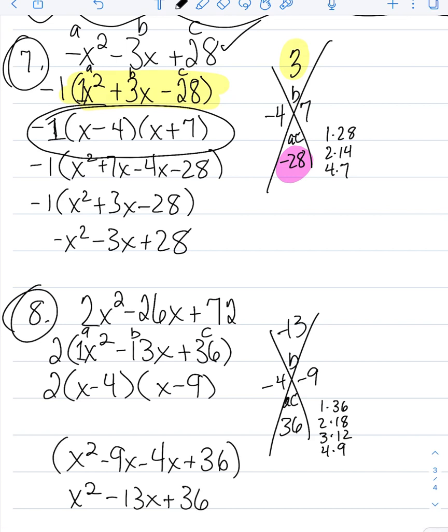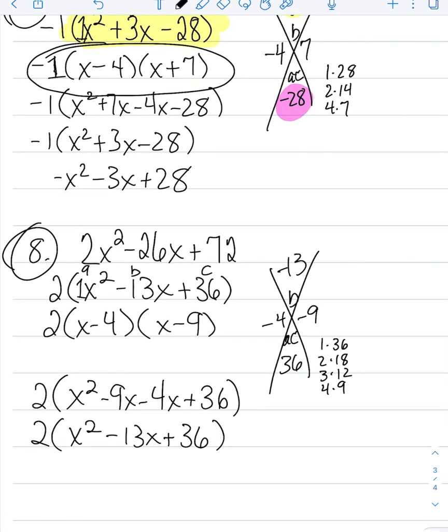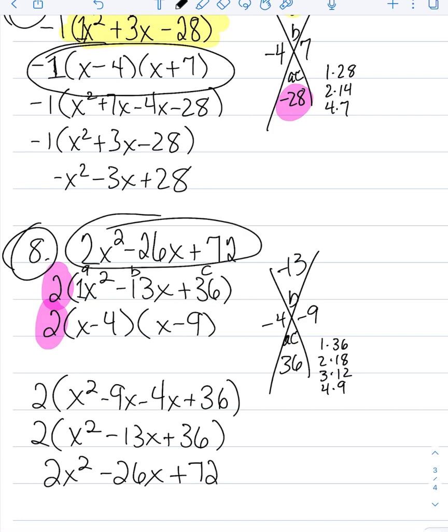But remember, we have to multiply everything by 2 because we factored out the 2 up here. So 2 times x squared is 2x squared. 2 times negative 13x is negative 26x. And 2 times 36 is positive 72. That was our original trinomial. So our factors are 2 times x minus 4 times x minus 9.